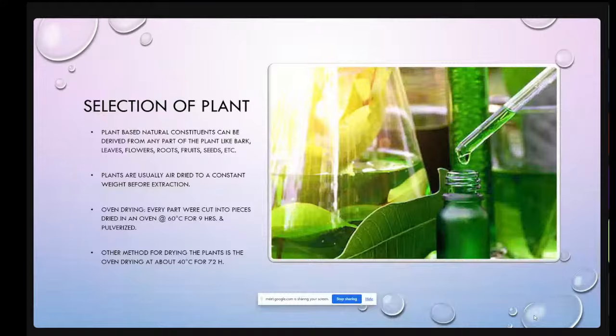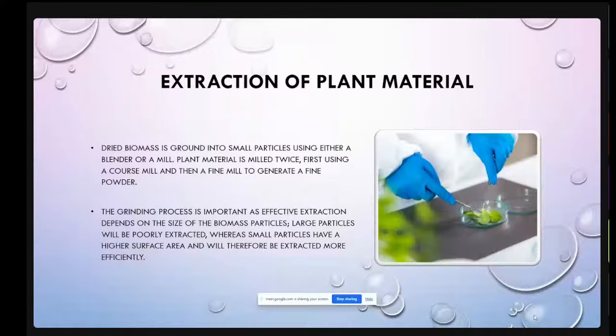This will take plenty of time, 72 hours. Dried material can be ground into small particles using either a blender or mill. The plant material is milled twice, first using a coarse mill and then a fine mill to generate a fine powder.